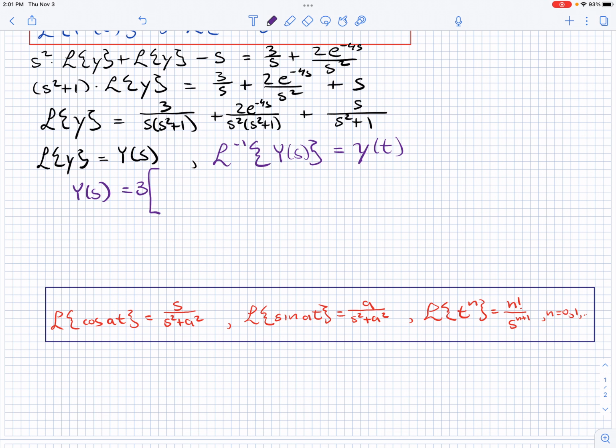So the partial fraction decomposition for this is just going to be rewritten as 1 over s minus s over s squared plus 1, and then we will have plus 2 times e to the negative 4s, and breaking this down, if again using partial fraction decomposition, you would end up with 1 over s squared minus 1 over s squared plus 1.